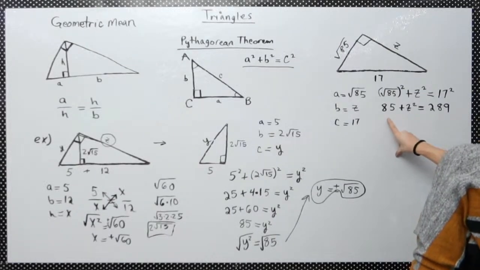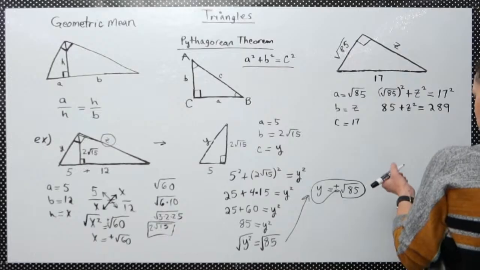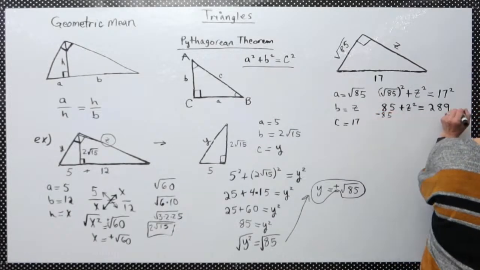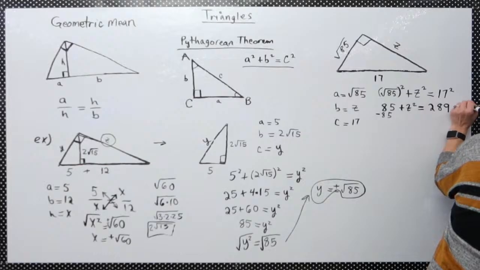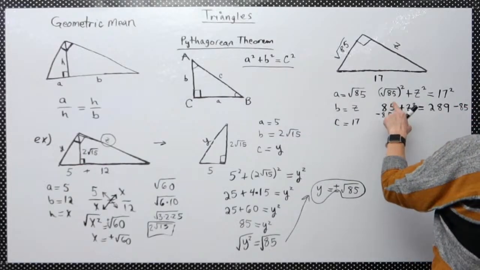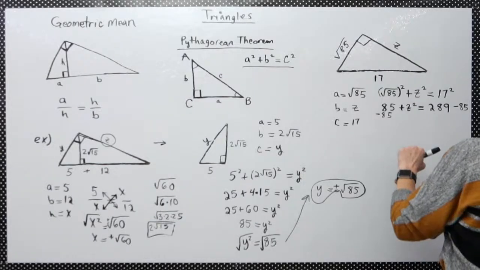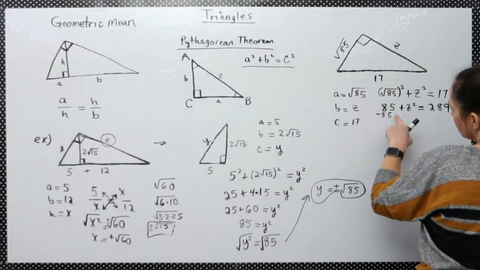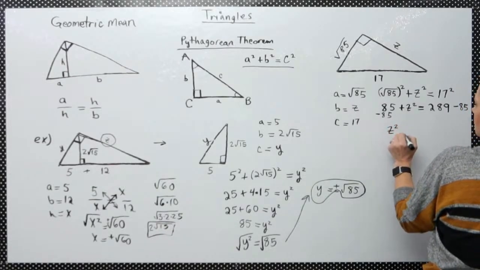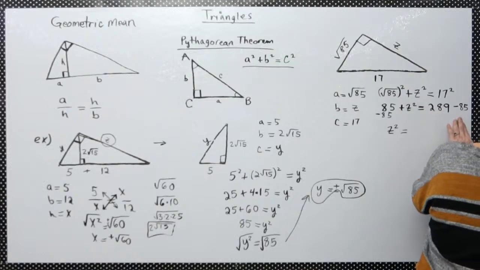So the first thing that I see to do is to subtract 85 from both sides. So that's what I do. Minus 85 and minus 85. And then those cancel out. They're additive inverses. So that gives me Z squared by itself there. And then I have to figure out what 289 minus 85 is.